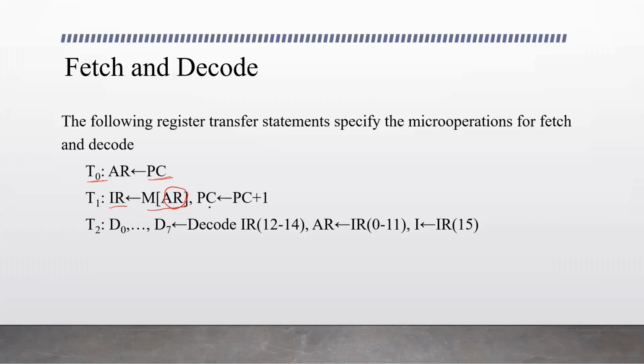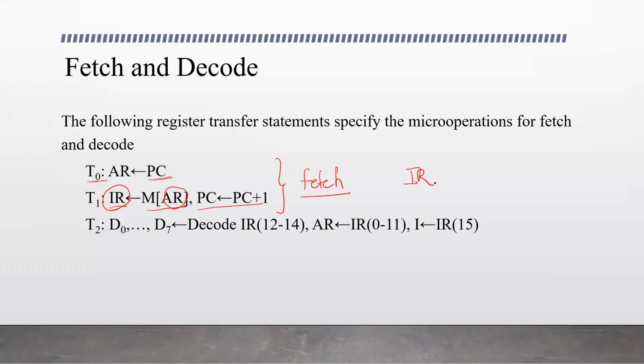At the same time, increment PC: PC ← PC + 1. Once the current instruction is fetched, the program counter should point to the next instruction, so to point to the next location in memory, it is incremented. These two operations perform the fetch of an instruction from memory, and finally IR will have the instruction.